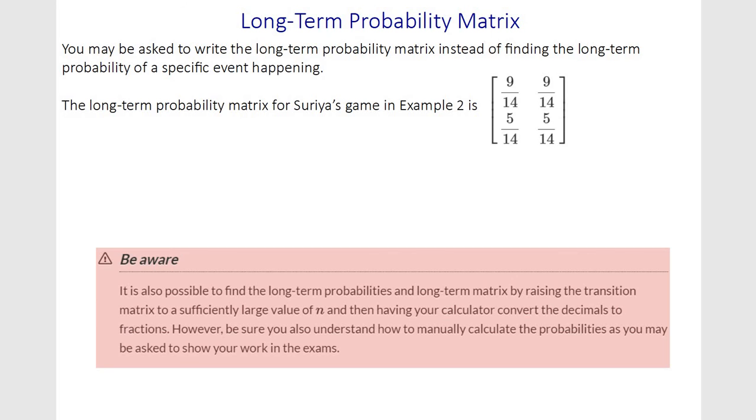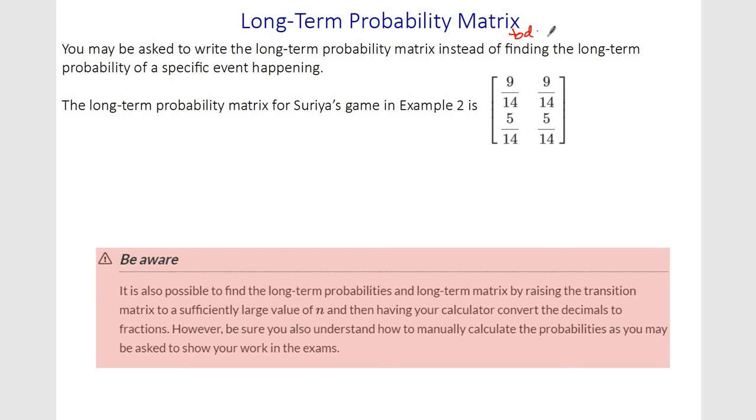Now you want to make sure you, of course, understand the words. Long-term probability matrix, that's just in the long run. So here we found that it was 9 over 14 for sunny and 5 over 14 for raining. Well, the matrix is still the same size as it was before, right?